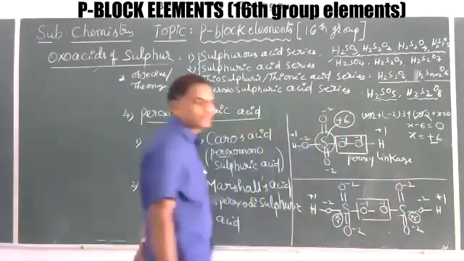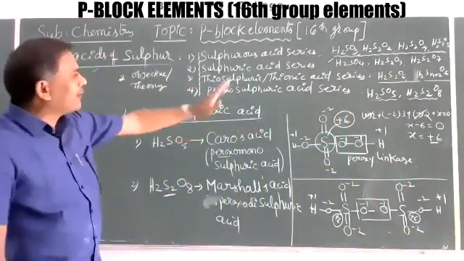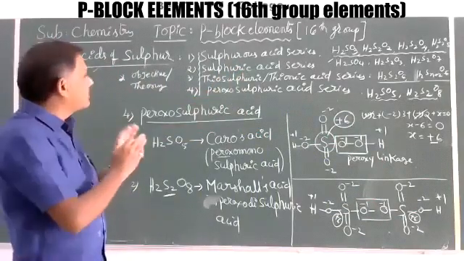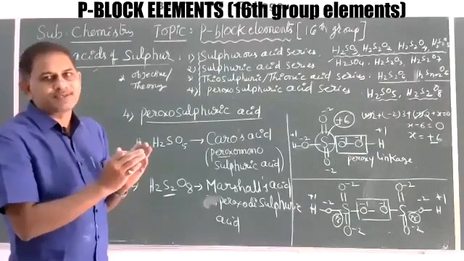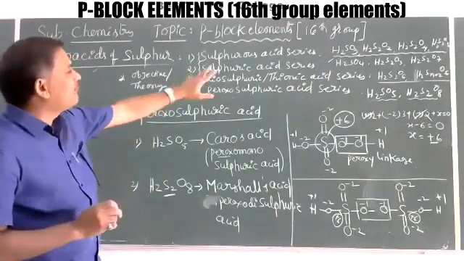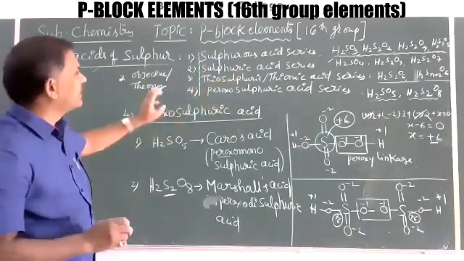Very, very important. Clear? So on the basis of all these structures, maybe in an objective or any theory question, they'll ask for the structure of so and so. Like the sulfurous acid series, sulfuric acid series, some examples.